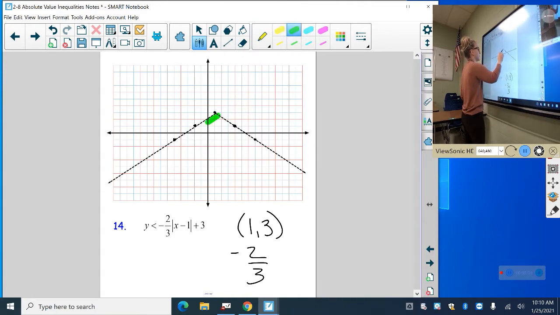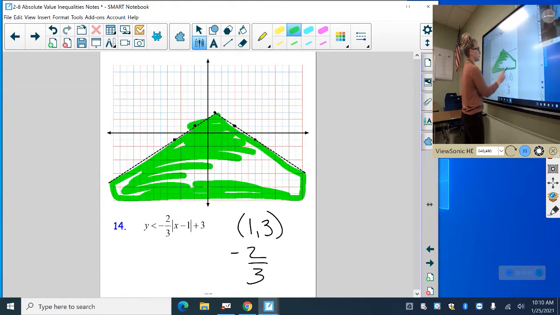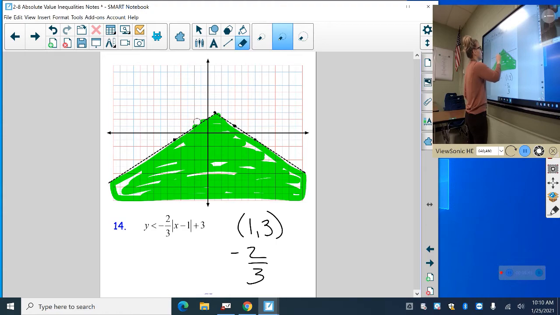Pick a different color for fun this time. So less than is down here. I got a little out of control there. And there is less than. There we go. A little bit better.